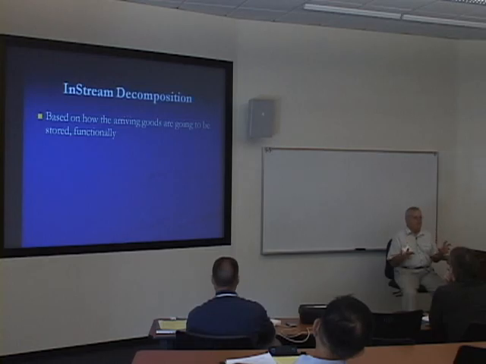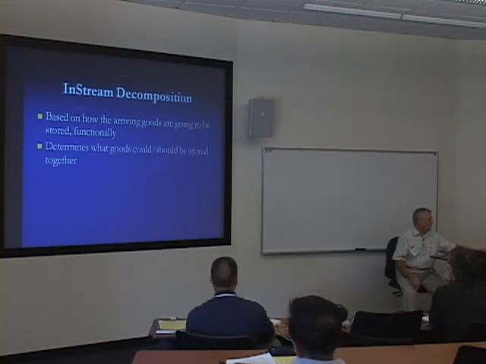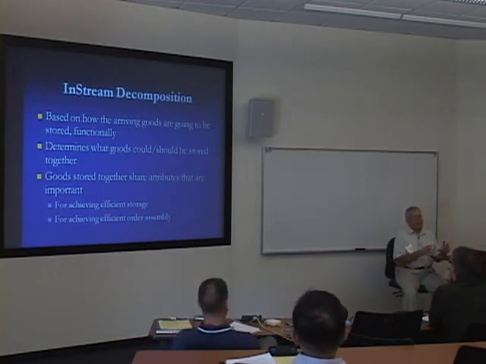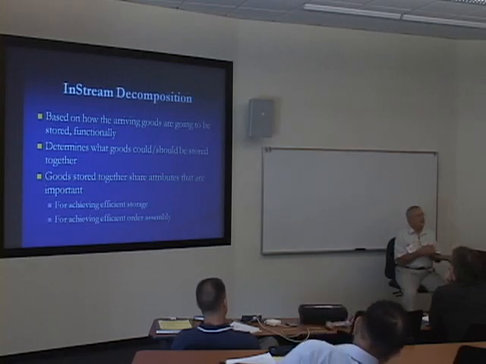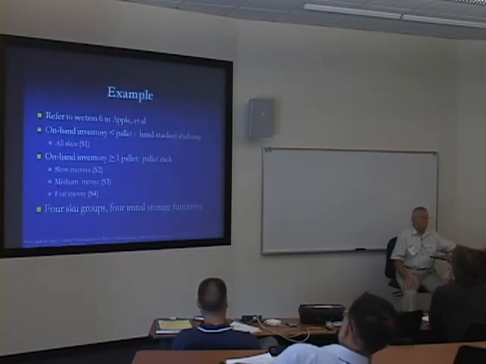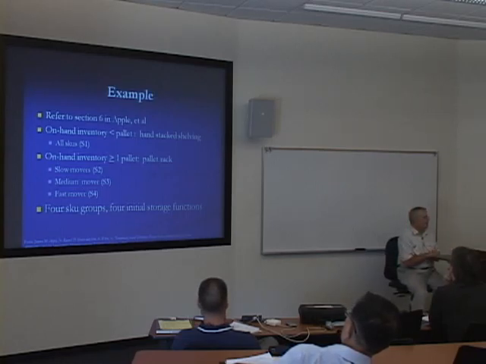Functionally, all the ones in a stream I'm going to store together, the same way. I might guide that decision because I want to be efficient in how I use space, or because I want to make it easy to retrieve something I use a lot of. I can have different criteria driving this decomposition, but I'm driving towards a functional specification of how these goods are going to be treated.